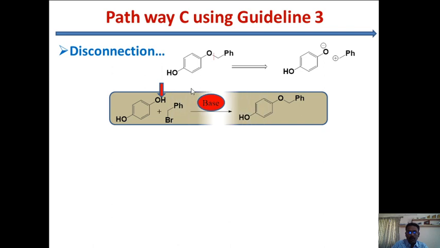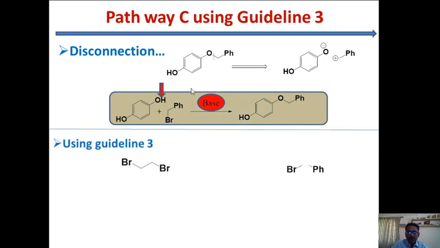Among dibromoethane and benzyl bromide, which step do you carry out first? That's what you have to choose, using guideline number 3. Among these two, the dibromoalkane on the left side is more reactive than the benzyl bromide, so you have to disconnect this first.